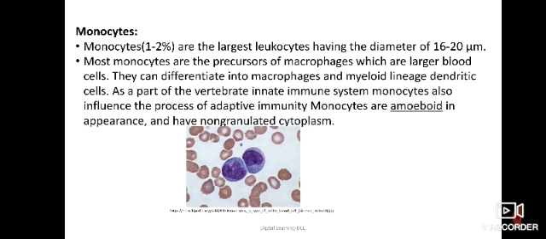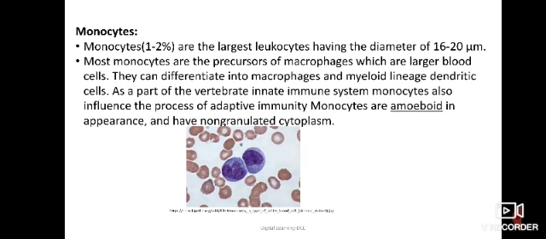They can differentiate into macrophages and myeloid lineage dendritic cells. As a part of the vertebrate innate immune system, monocytes also influence the process of adaptive immunity.